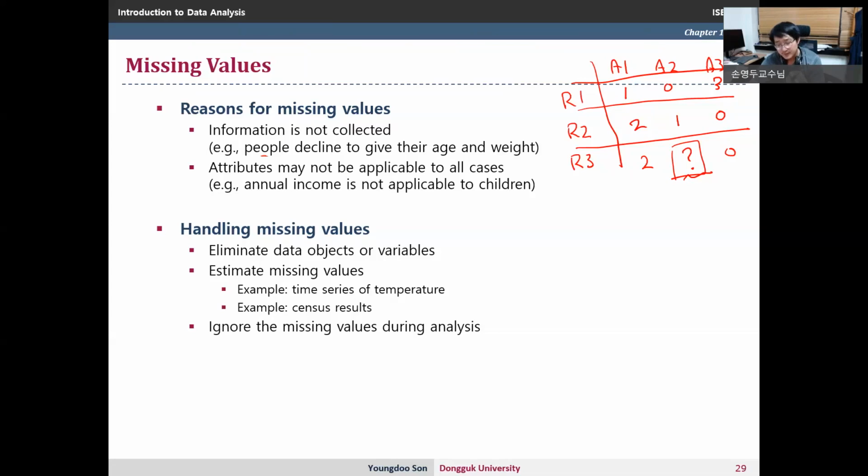For example, the measurement machine is not working at that time, or the people who record this data forgot to record this value. There are many reasons for missing values. And sometimes some attributes may not be applicable to all cases. For example, annual income cannot be applied to children.